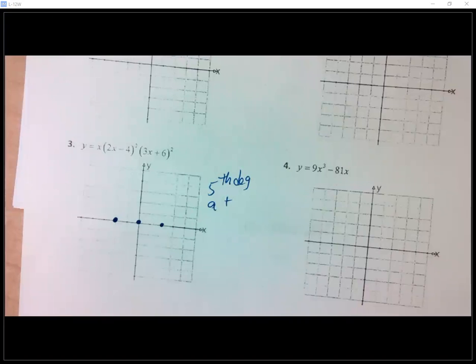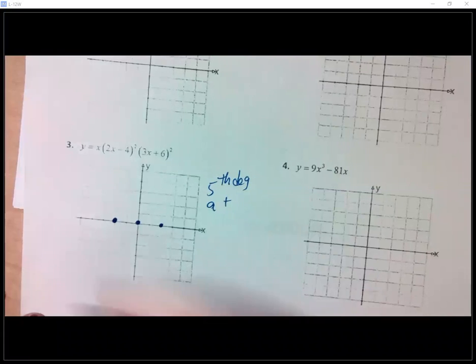So there's an example where you have an odd degree, a is positive. Look at the ends. This one's going down, this one's going up. So that's the same thing this one will be doing. Now I know my ends are doing this and this.